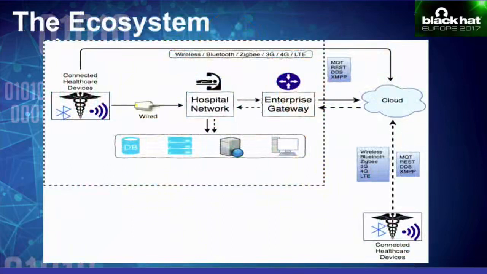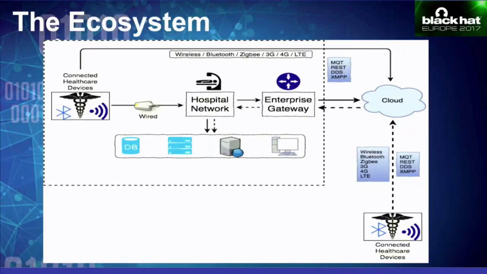All right. This is what a typical ecosystem of a connected medical device looks like. On the far right side, there could be a medical device connected to a hospital's private network. Or there could be a medical device that is just on its own. It could be on a cellular network, and these are devices like my own portable insulin pump.